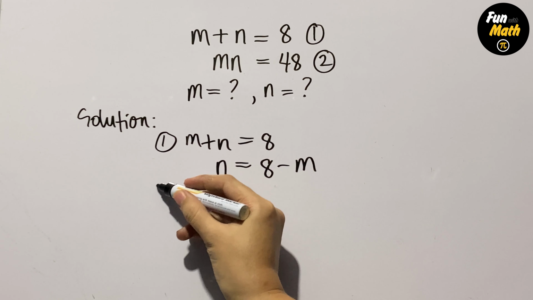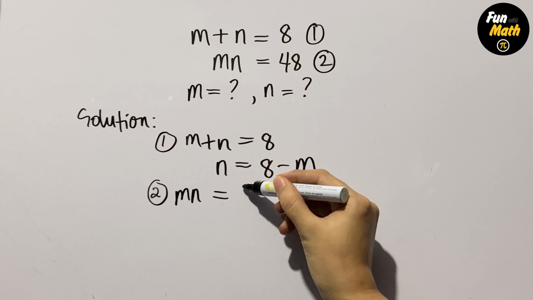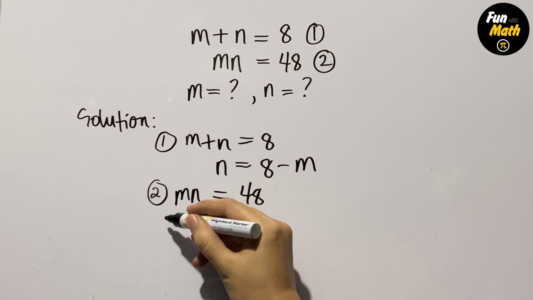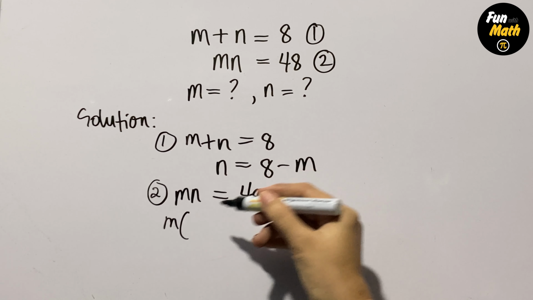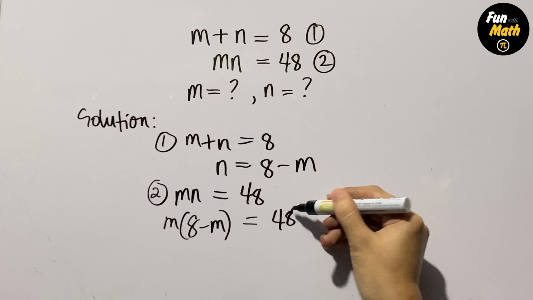Then for the second equation, mn is equal to 48. Now, for the value of n, that is m times 8 minus m equals 48.